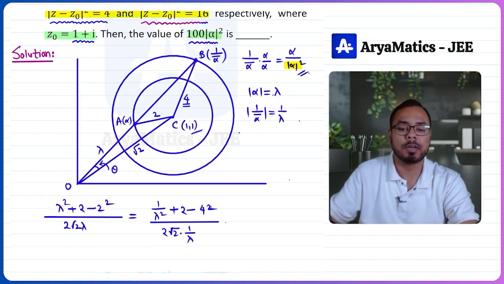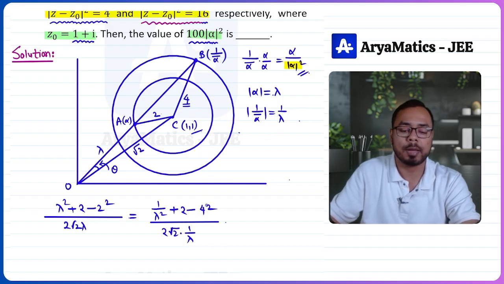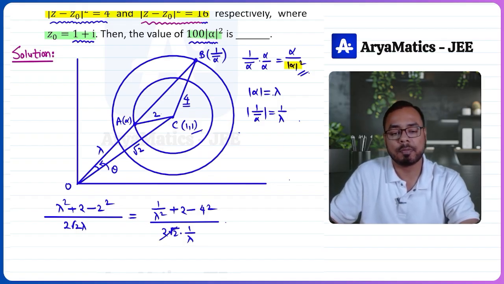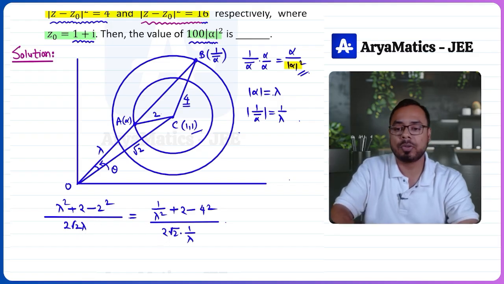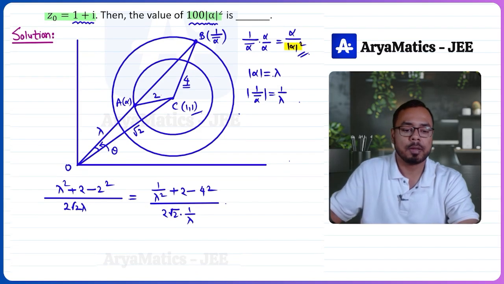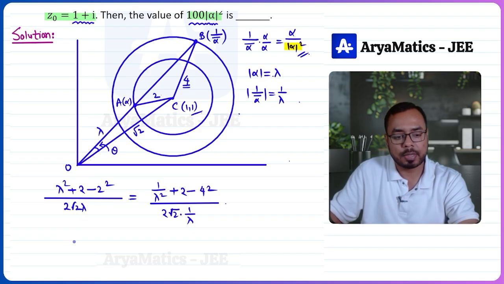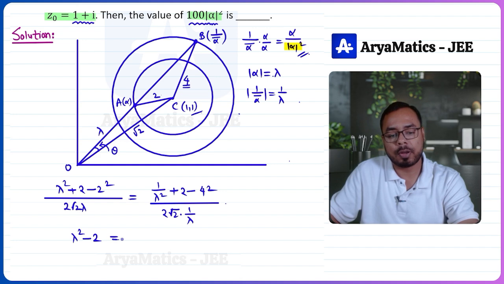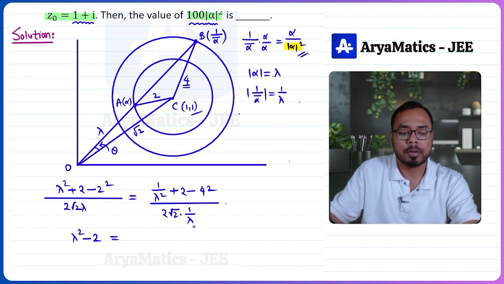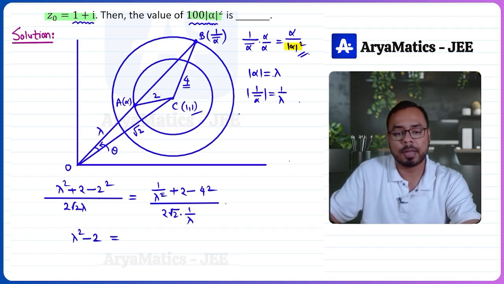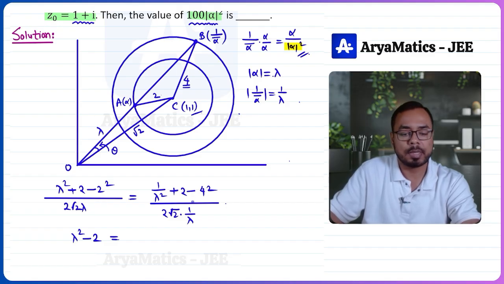This is the relation we are getting, and by solving this equation one can easily get the value of lambda, which is nothing but mod alpha. From these two equations, 2 root 2 you can cancel, right? Then the left side becomes lambda square minus 2. On the right-hand side, multiplying by lambda square, this becomes 2 minus 16, so that is 14.